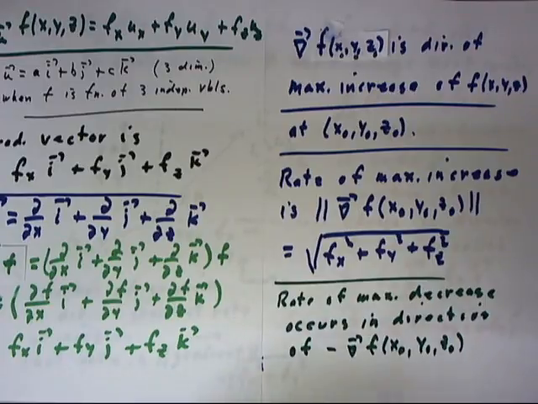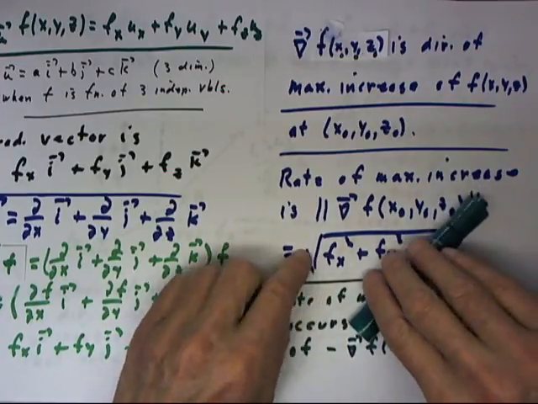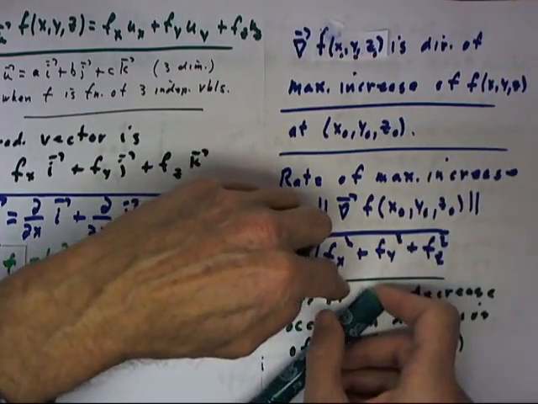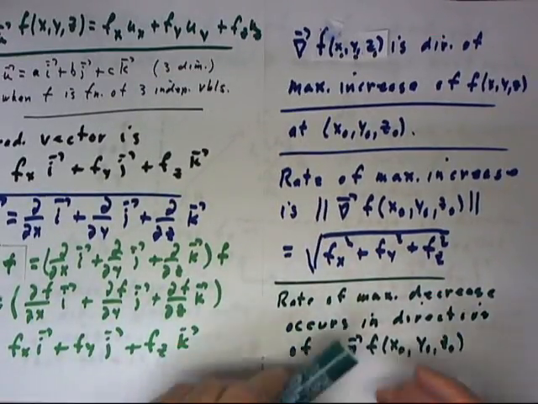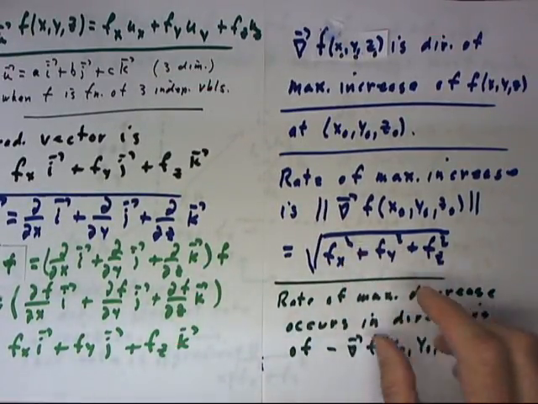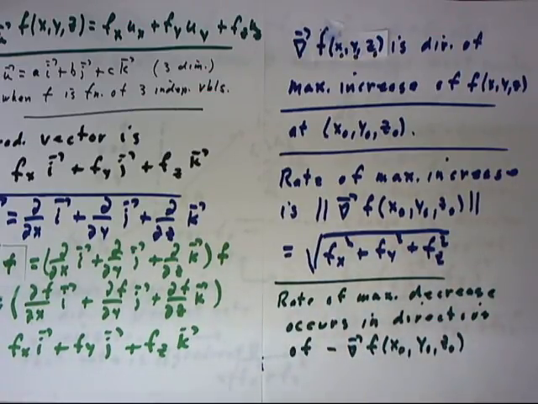So if it increases at this rate in one direction, then if you move in the opposite direction, it decreases, and its rate of change is the negative of the rate that you would have for maximum increase.